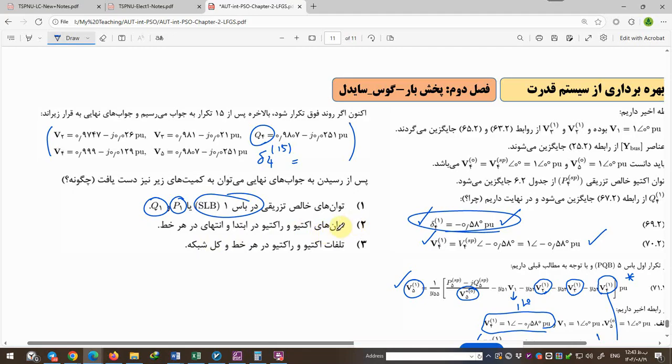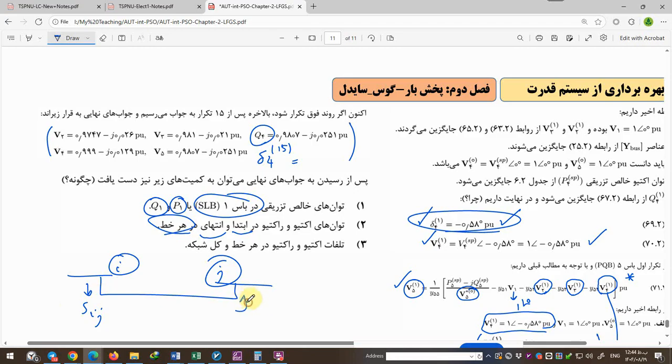The second achievement is active and reactive power at the first and the end of each line, I, J and J, I. And the last achievement is active and reactive losses in lines and the whole network or whole system.